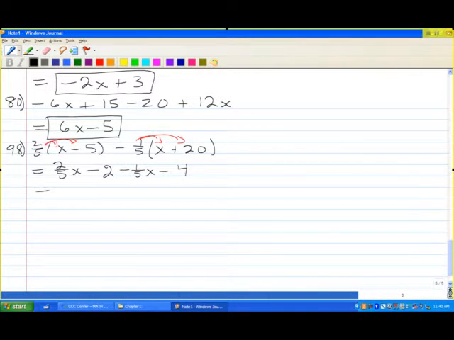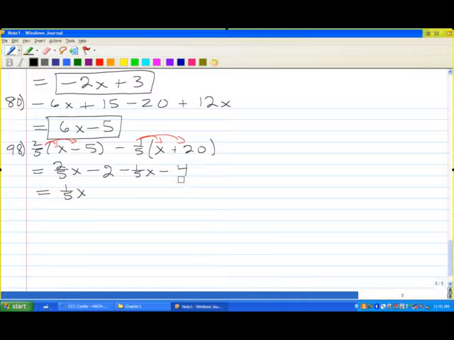Now let's combine like terms. I have 2/5 x minus 1/5 x. Luckily, 2/5 and 1/5 have the same common denominator, so I don't have to worry about finding a common denominator. We already have one. And so 2/5 x minus 1/5 x is just 1/5 x.